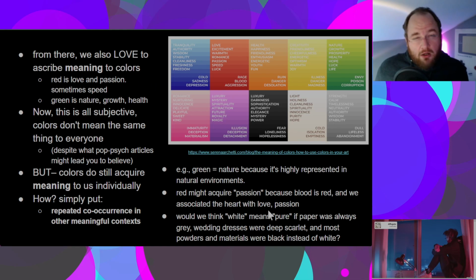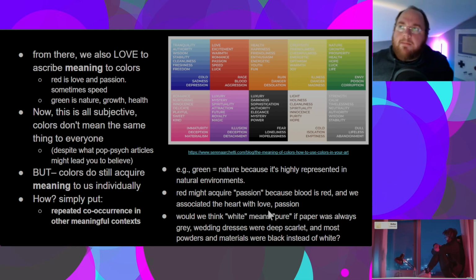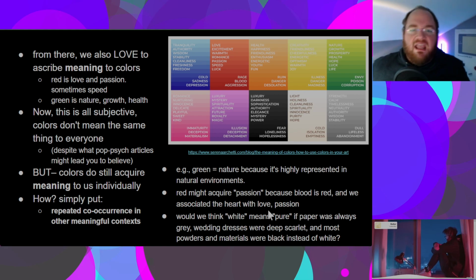From there, it's a little bit easier to jump to ascribing meaning to a color value. We love to do this. It's a little bit arbitrary, but it's based on something, and we'll talk about that. For instance, we often think of red as associated with love and passion, or sometimes speed if it's on a car, or blood.